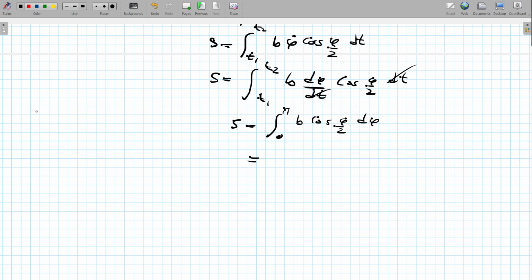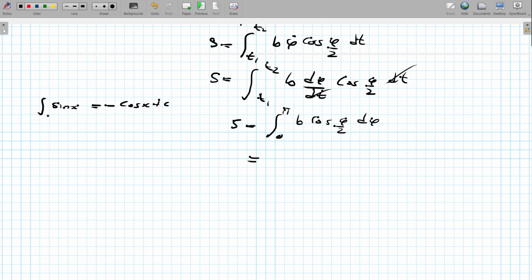So remember, let me also remind you that the integral of sine x is going to be equal to minus cosine x plus c. That is if we don't have any bounds here.